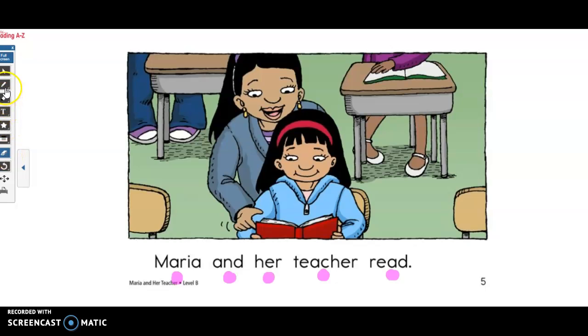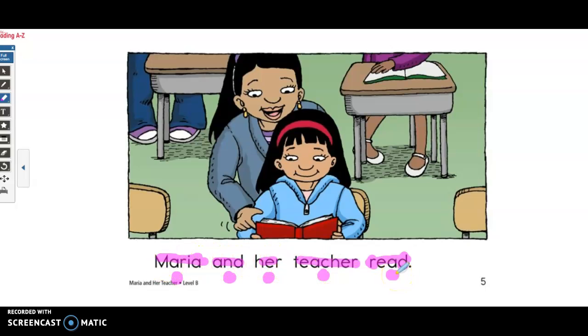Let's look closely at that word to try to figure out what it says. Maria and her teacher read. Check the picture. Yep, they're reading, right? So Maria and her teacher read. Maria and her teacher read. That makes sense. 1, 2, 3, 4, 5 words.